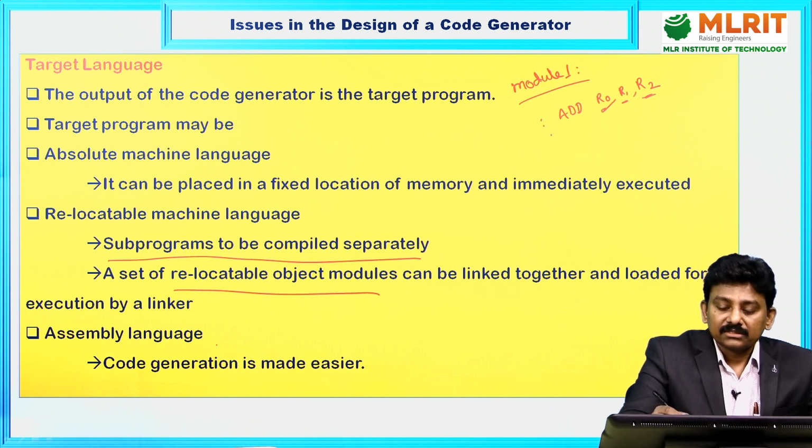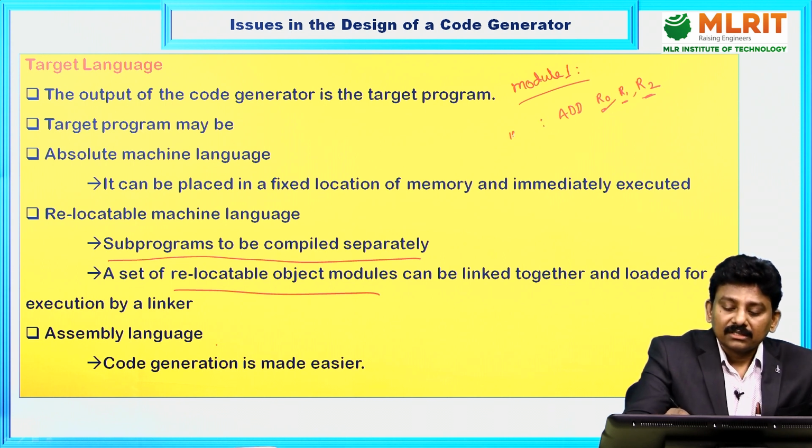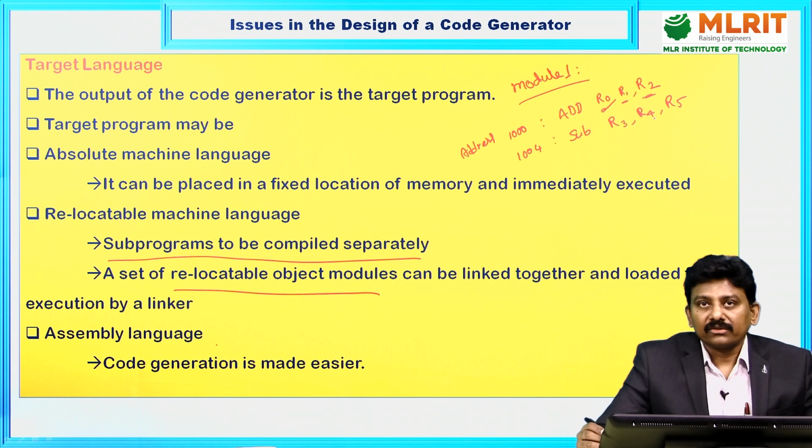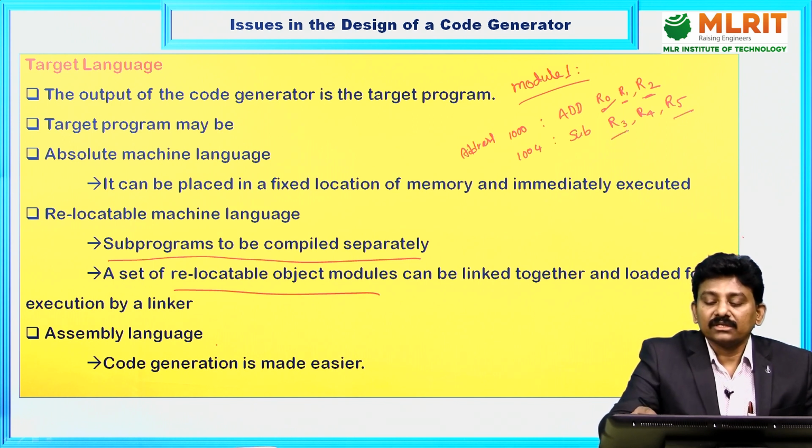In the memory, the address for this statement is, for example, assume 1000. This is the relocatable address. At 1004, we have another instruction, the SUB instruction: the contents of R4 are subtracted from R5, and the result is stored in R3.